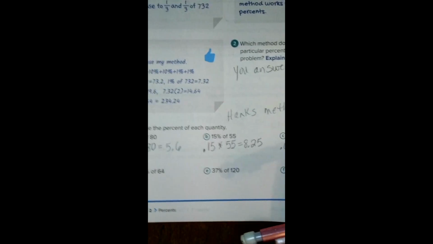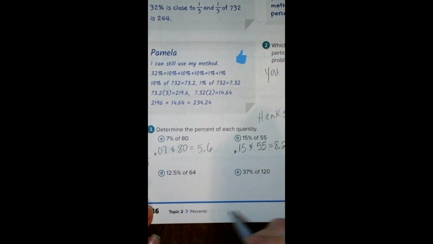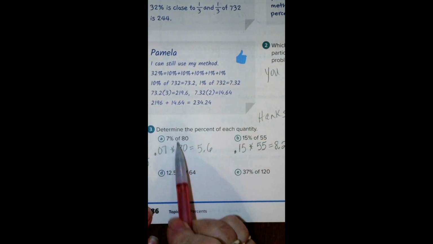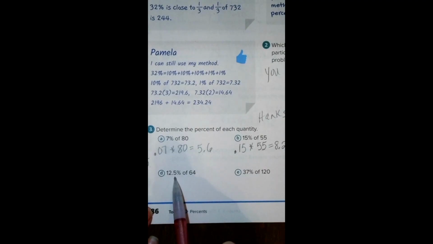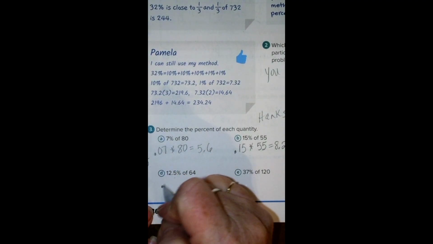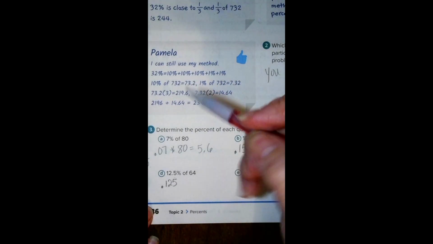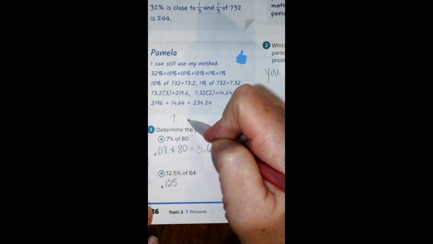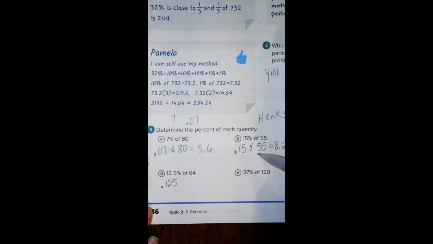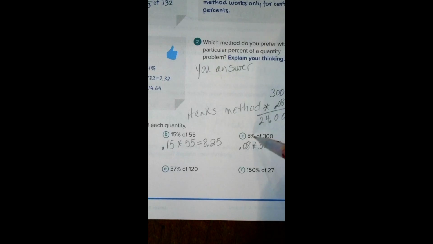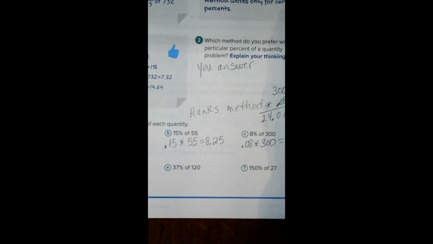Okay, letter D, 12.5% of 64. Okay, so now our percent has a decimal in it. So remember, when we're writing a percent as a decimal, we're moving that decimal point over 2 places. So 0.125 is how we're writing 12 and 5/10 of a percent as a decimal, right? Because here it was 7, it ended up being 0.07. Here we had 15, moved it over to 0.15. 8, moved it over to 0.08.